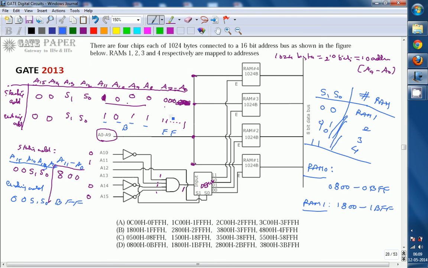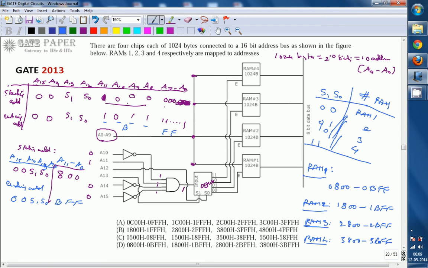So if you are substituting those values, what you will get is higher nibble as 1. And this is RAM 1 and this is RAM 2, this is RAM 3. RAM 3 is nothing but 2800 to 2BFF. And RAM 4 is nothing but 3800 to 3BFF.